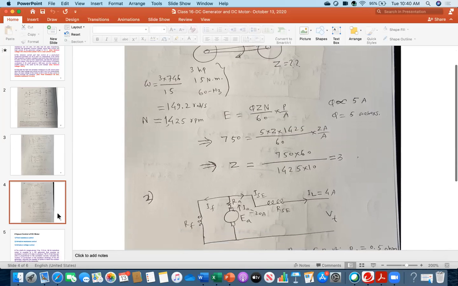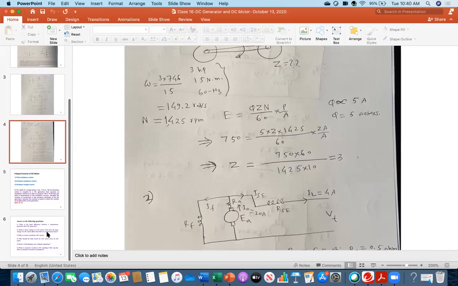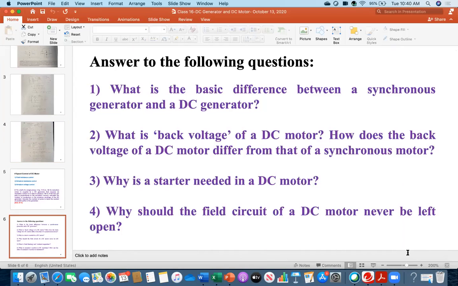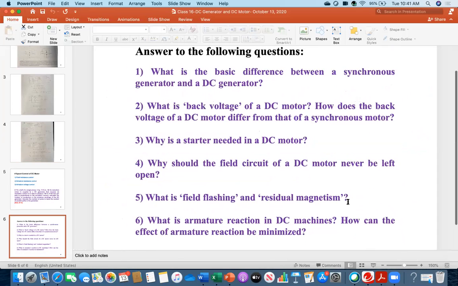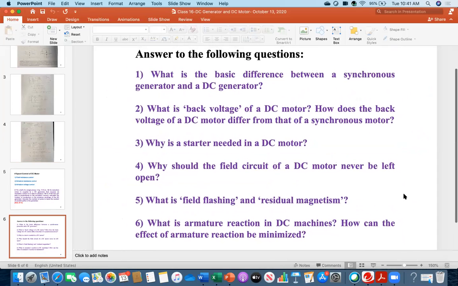So from now on, everybody, today you have a quiz. Everybody, please answer. There are 6 questions. You are free to open the class notes from the eCoursera. You open your note and see the class lecture or anything, and then please write down the answers for all those 6 questions.